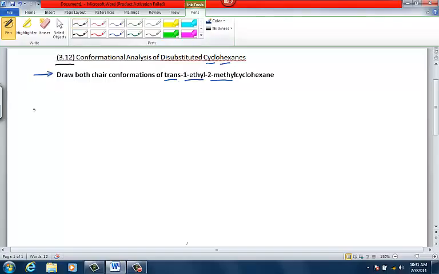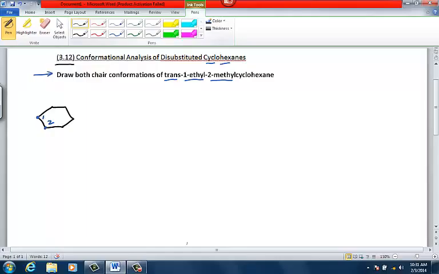So one way to show that is to draw a 6-membered ring. Here I'm not doing the chair quite yet. It's important to start with your flat hexagon first. And if we number a couple of carbons, it doesn't matter where you start. I'm going to choose this carbon to be number 1 and this carbon to be number 2.